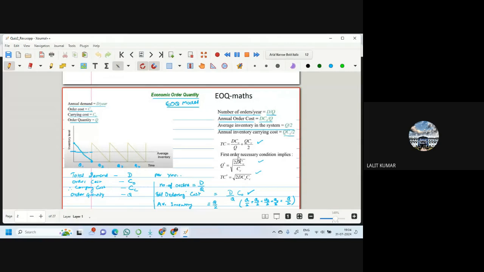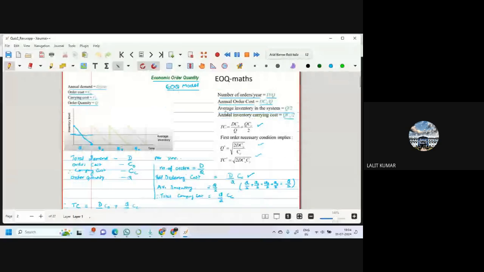D is demand, CO is the ordering cost, and CC is the carrying cost. The number of orders becomes D by Q.